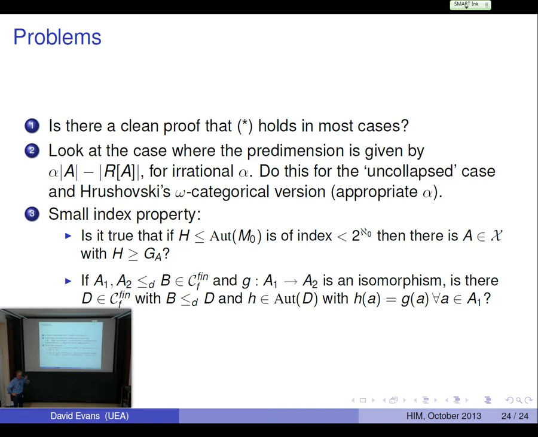And the limit theory is exactly the theory of this M0.